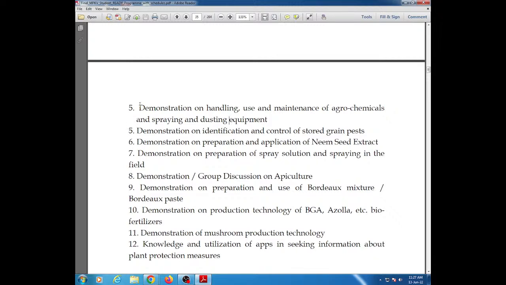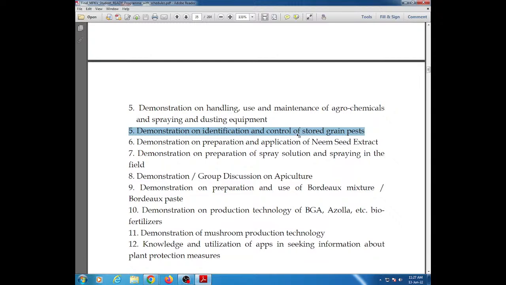This is a very important topic, as all of you know, the agrochemicals are a boon also, and if they are not handled properly, they prove to be a curse. Okay, an irreversible curse.